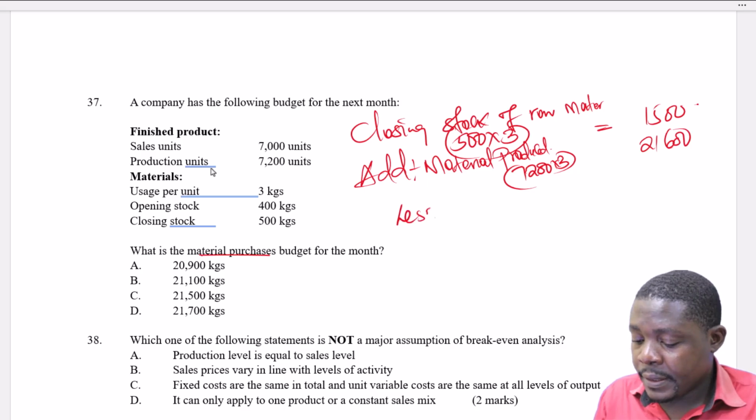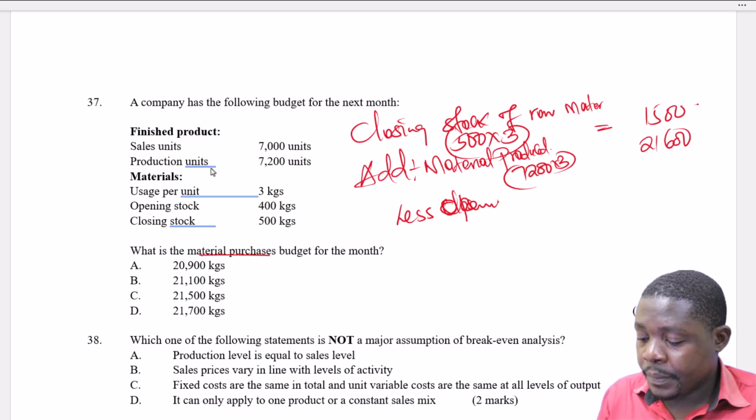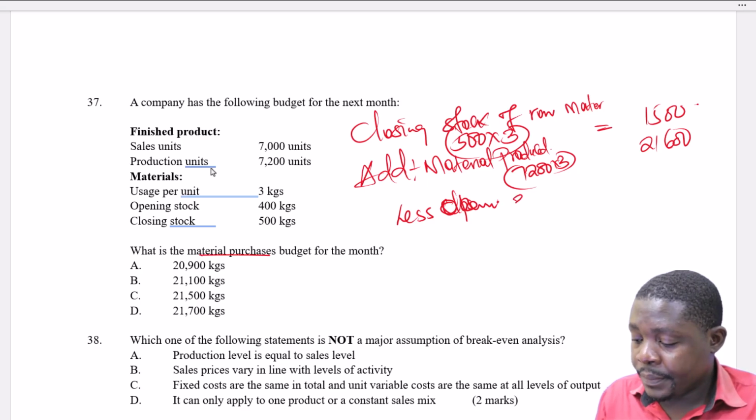Then less opening, which is 3 multiplied by 400.